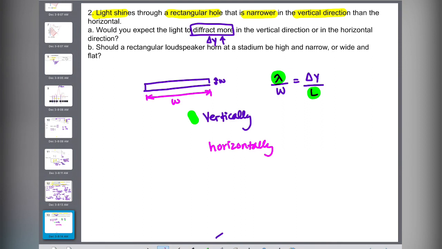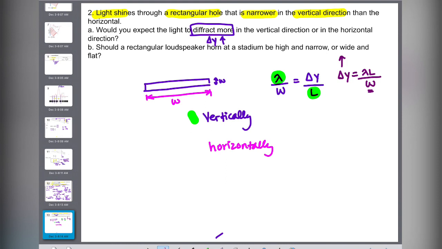If I look at delta y on its own, delta y is lambda times L over w. If I want a big delta y, would I divide by a big number or a small number? If I want delta y to be big, do I divide by a smaller w or a bigger w?